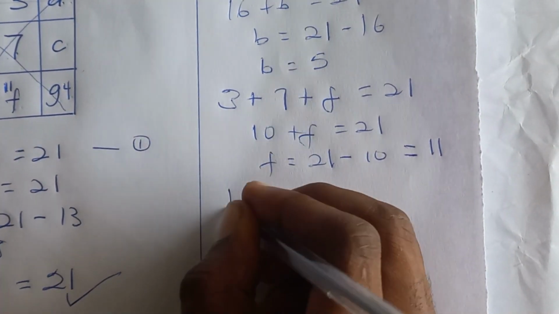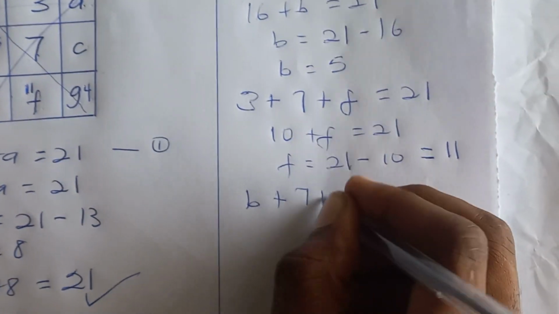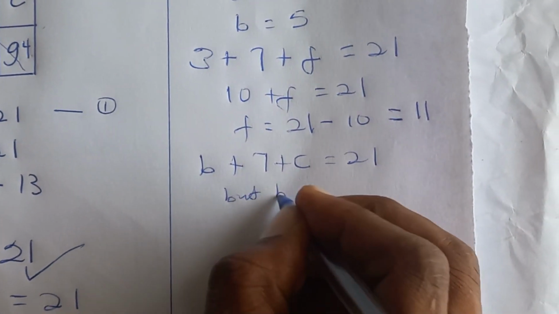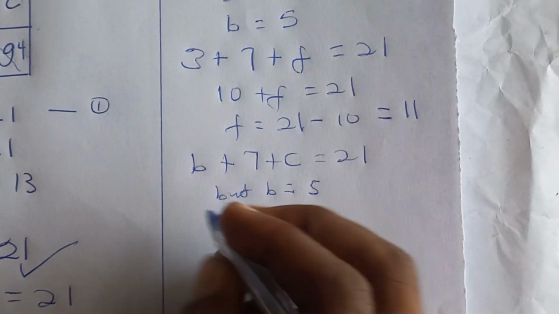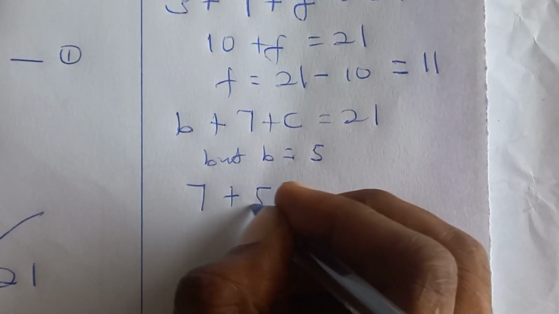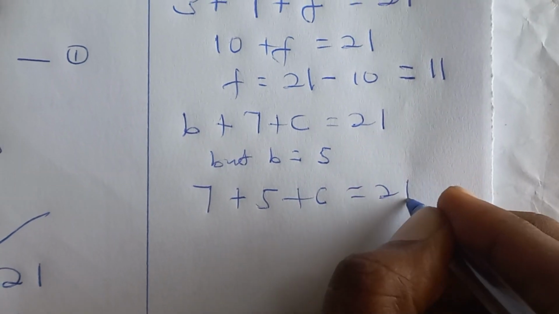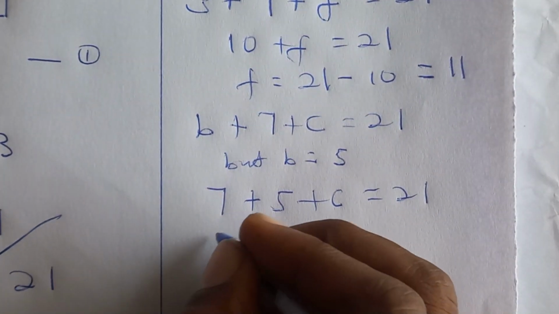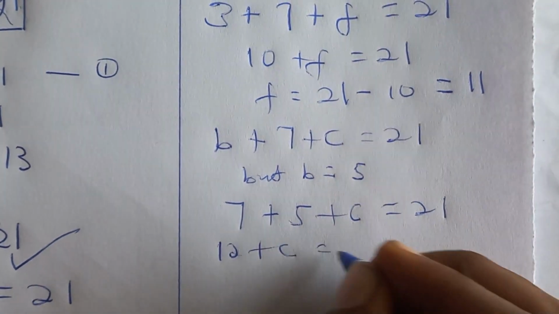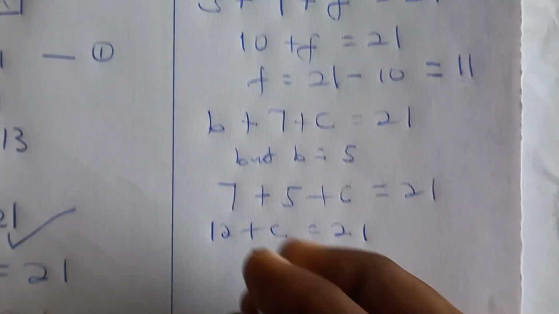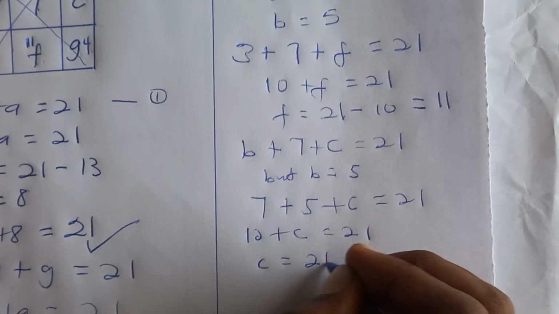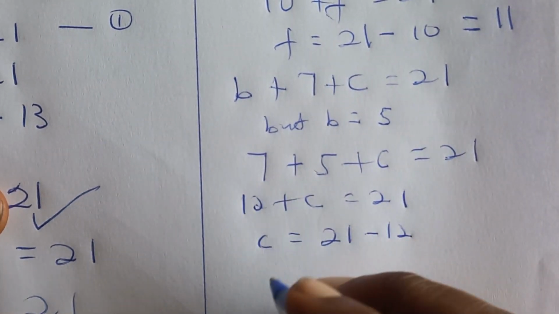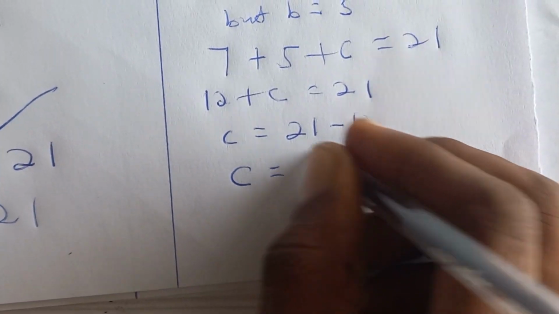So we have B plus 7 plus C is equal to 21. We know B to be 5. So it will be 7 plus 5 plus C is 21. And 7 plus 5, we have 12. So we are going to get 12 plus C is equal to 21. So our C is going to be 21 minus 12, which is 9.